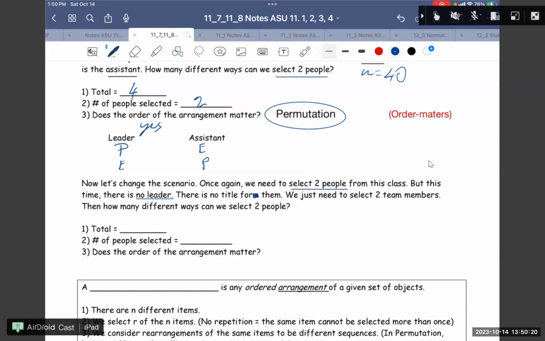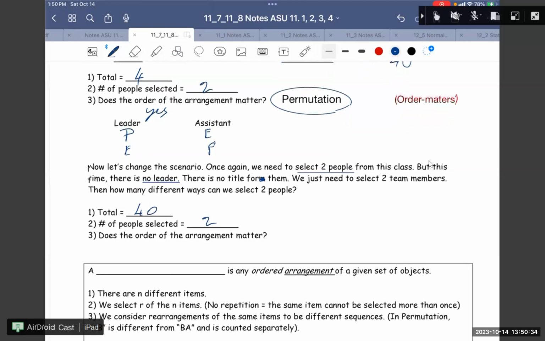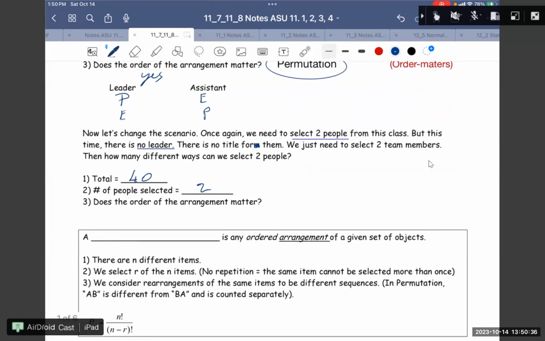We just select two team members, and how many ways can we select the people? So we still have a total of 40, and we still select two. So does the order matter or not? This one is no, the order does not matter.